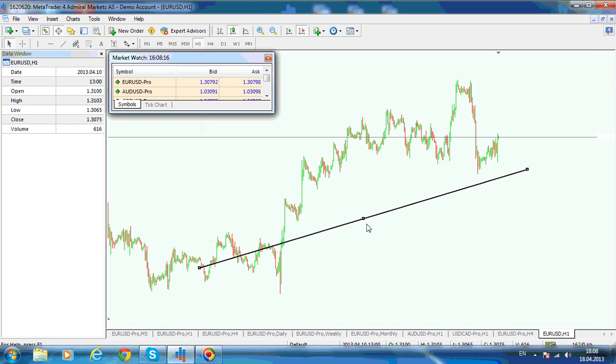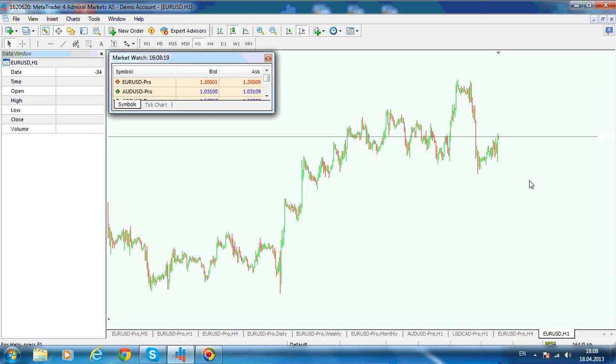So, MetaTrader allows you to pick your trend line from the tab called, of course, trend line. So just click, put it on the chart wherever you like, and drag. If you want to copy the trend line and make one identical like this one, just select it.